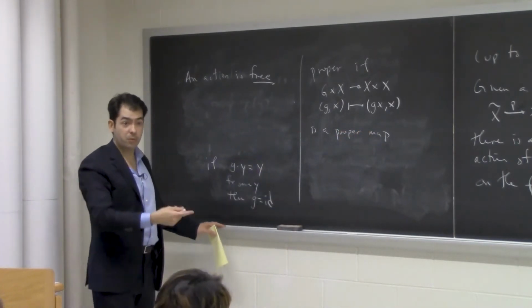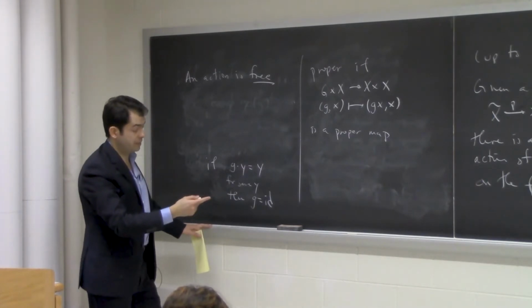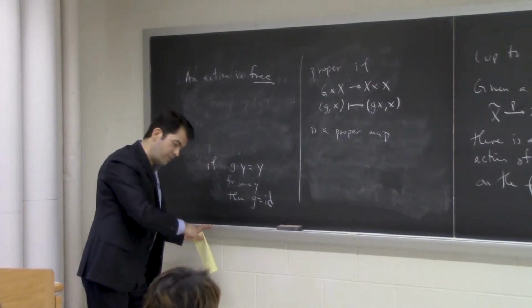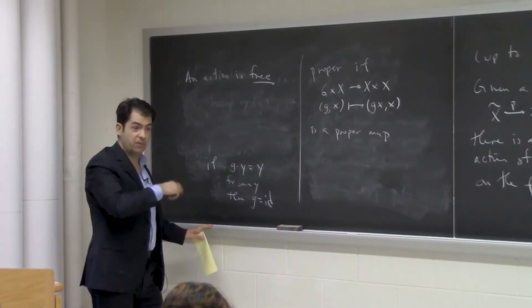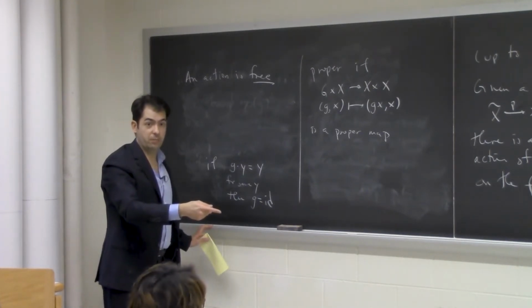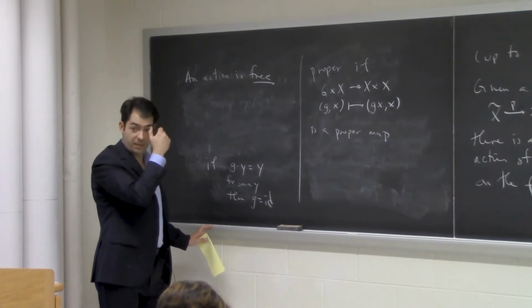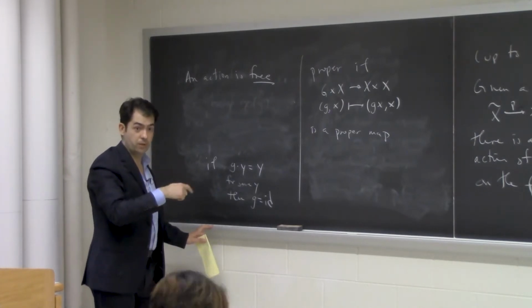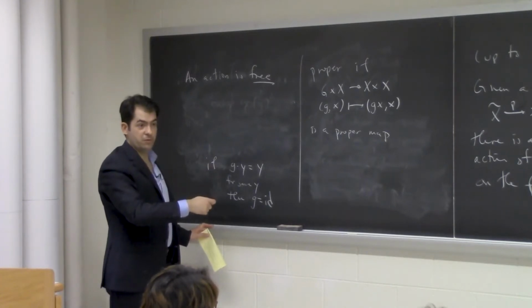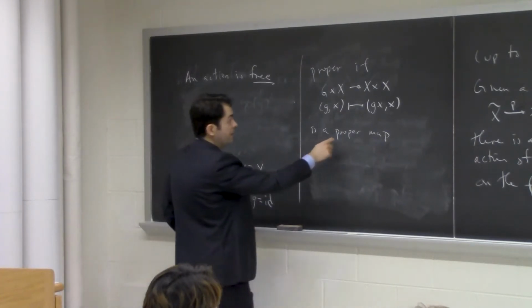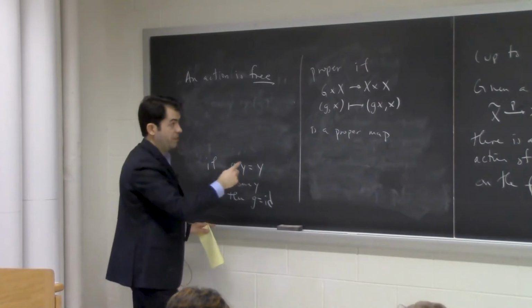And remember, proper maps are continuous maps whose inverse image of a compact set is compact. Any continuous map sends compact sets to compact sets, but doesn't necessarily pull back compact sets to compact sets. For example, the constant map on the real line: the inverse image of a compact set need not be compact. But we call it proper if the inverse image of a compact set is compact.